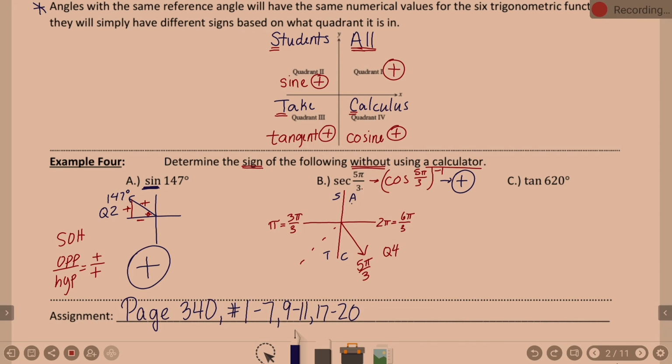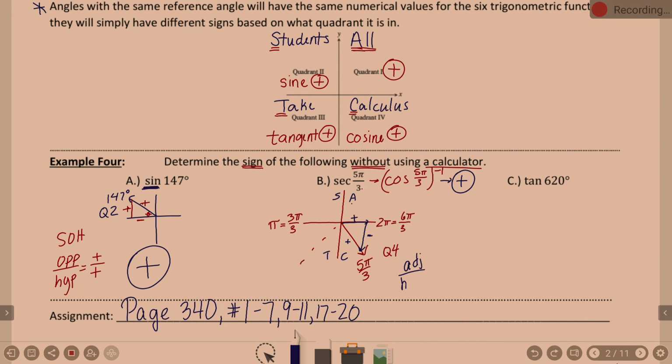You can also think of a triangle here. If we think of a triangle here, we just went to the right, and going to the right is positive. Then you're going down, which is negative. Hypotenuse is always positive. Well, we were doing the reciprocal of secant, so cosine. What's my phrase for cosine?